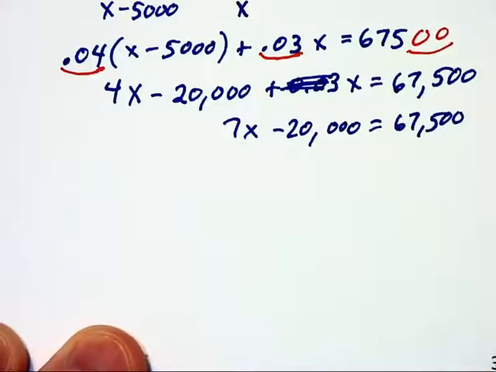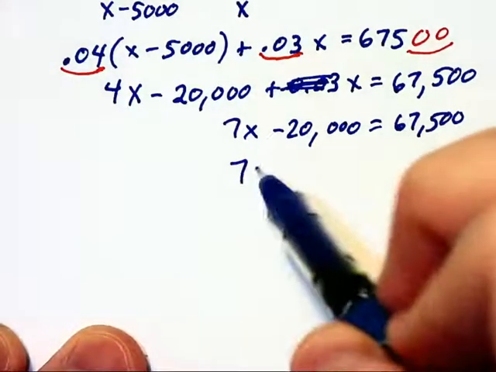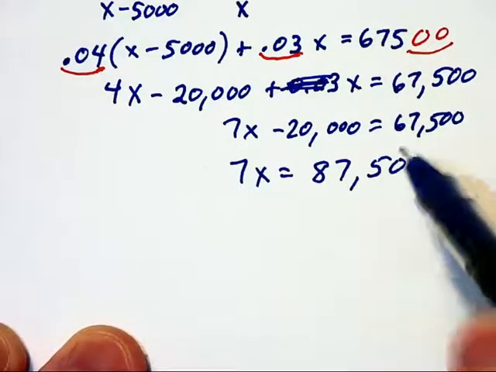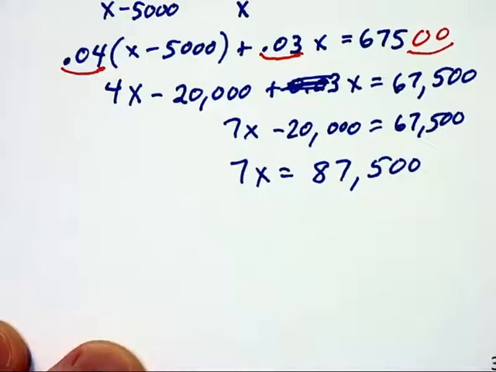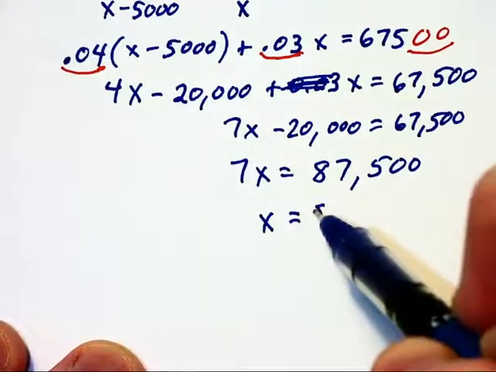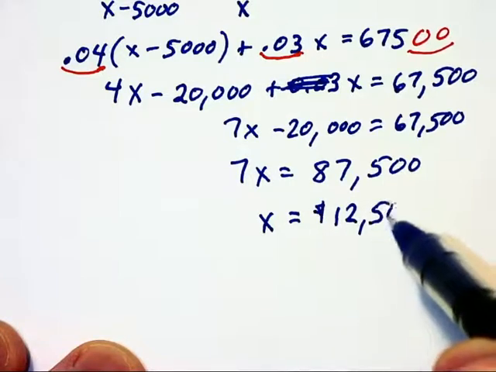Okay, combining like terms, we now have 4 plus 3, 7x minus 20,000 equals 67,500. And adding 20,000 to each side, we have 7x equals 87,500. Dividing each side by 7 yields x is equal to 12,500.